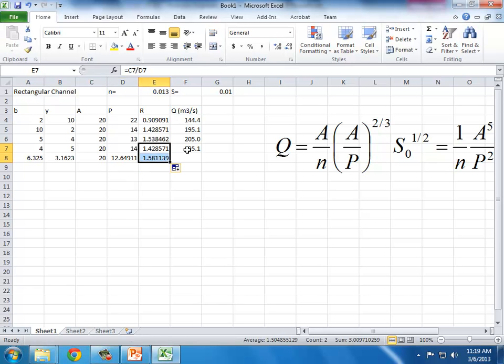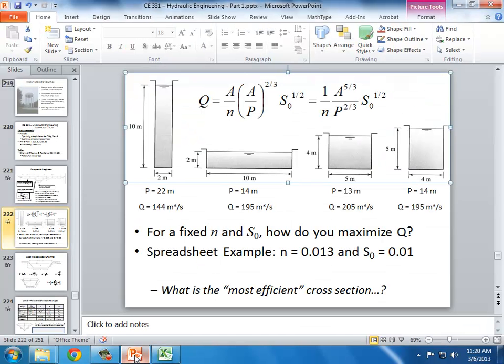Hydraulic radius and our capacity 208.8. And so that's the maximum capacity that could be accommodated for a channel on this slope with a roughness value of 0.013 and it being a rectangular section with that area. So the most efficient rectangular section is a half square.